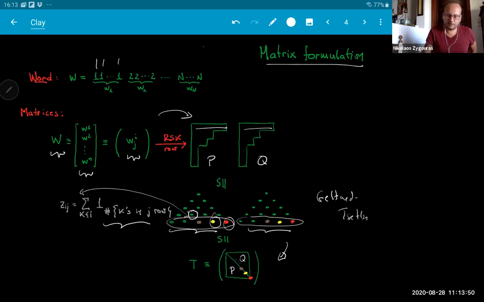The second entry of the Gelfand-Tsetlin pattern represents the length of the second row of the P and the Q tableau, and so on. Right, so if I do this stitching together, then RSK can be viewed as a bijective mapping between sets of matrices.